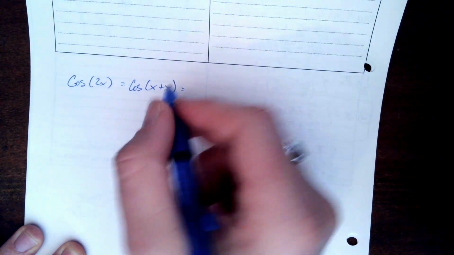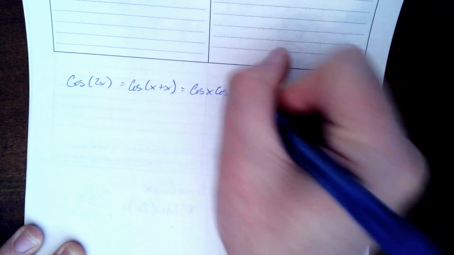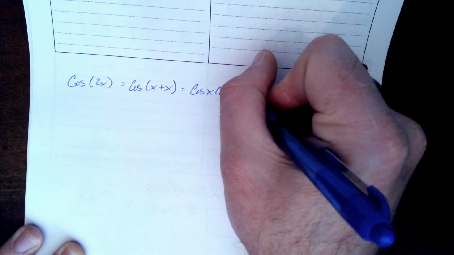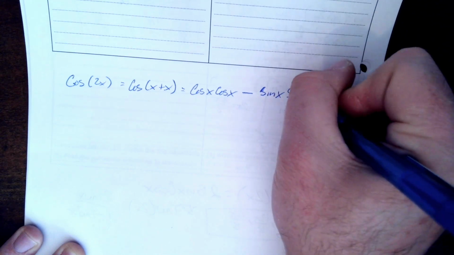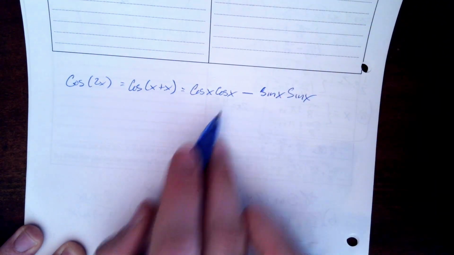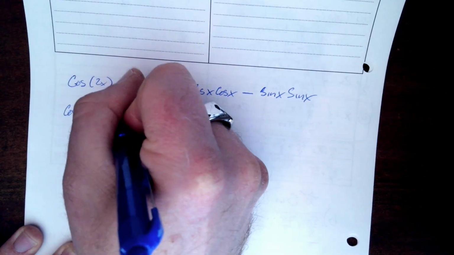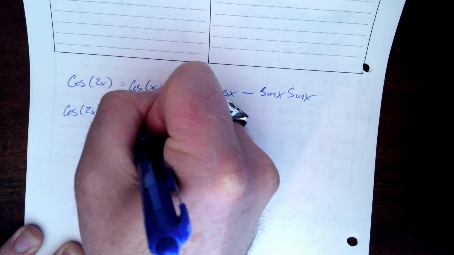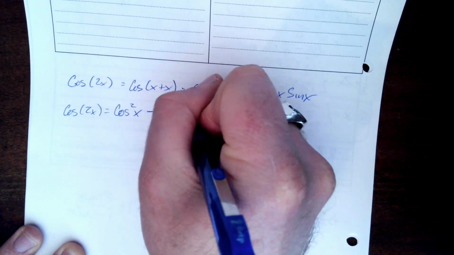And if that's a plus b, that would be the cosine of a times the cosine of b minus the sine of a times the sine of b, but cosine times itself is actually cosine squared, minus the sine squared.